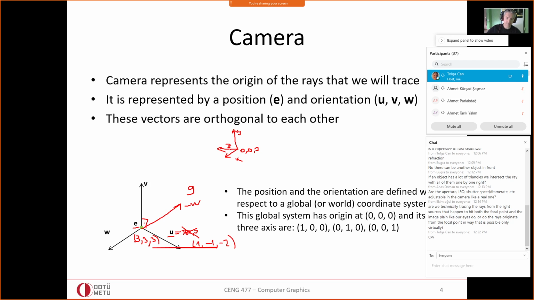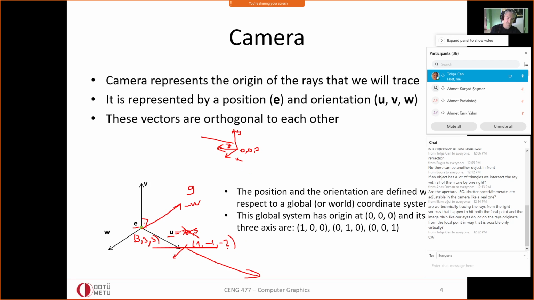If I ask you in this global coordinate system what this vector in the z direction is, you are going to say it's 0, 0, 1. Therefore, I wrote this u vector as approximately 1, -1, -2, by looking at my global coordinate system. Why did I say 1? Because it seems a little bit in this x direction. If you look at this direction, it's a little bit this way, just a little bit. It's a lot this way, a lot in the minus z direction.